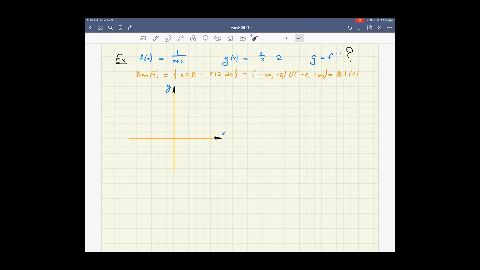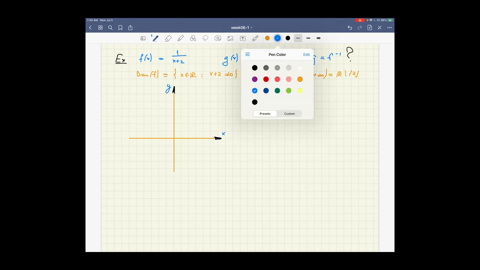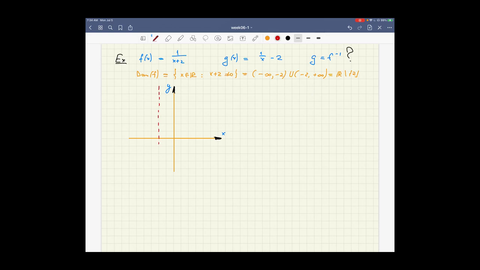So 1 over x plus 2 is a hyperbola, 1 over x shifted 2 units to the left. x equals negative 2 is a vertical asymptote. And y equals 0 is a horizontal asymptote.